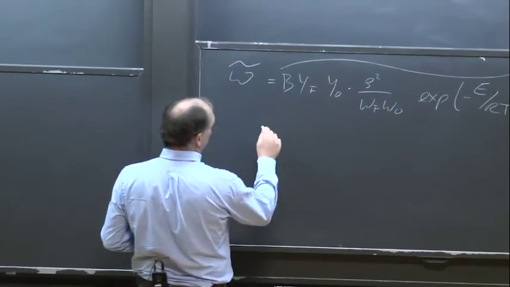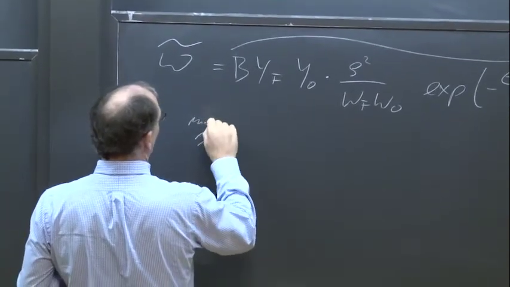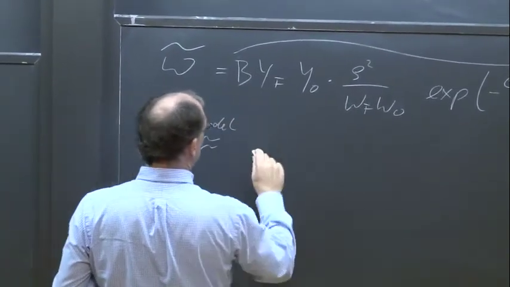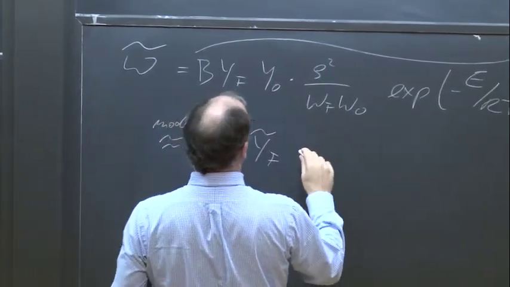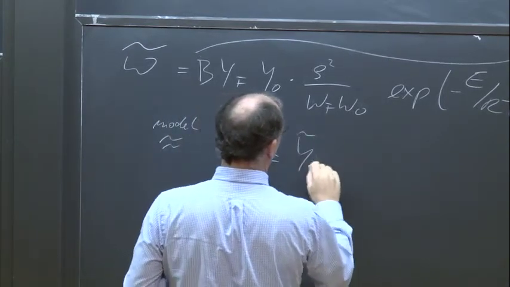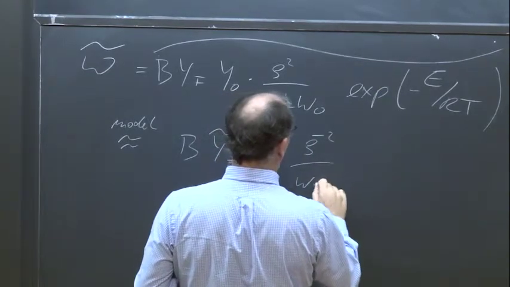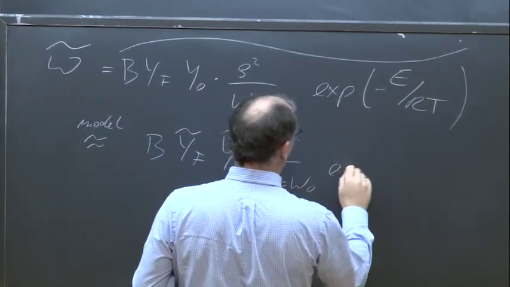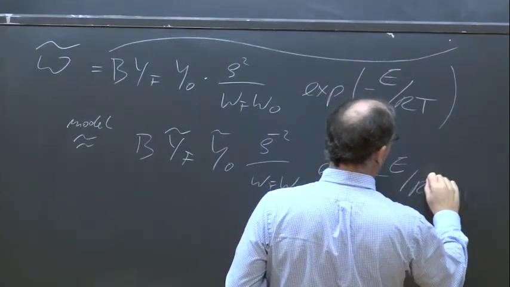So maybe a model. I could say my model says I want this to be Y_F mean and Y_O mean, and then rho mean squared divided by W_F W_O, exponential of minus E divided by R T mean.